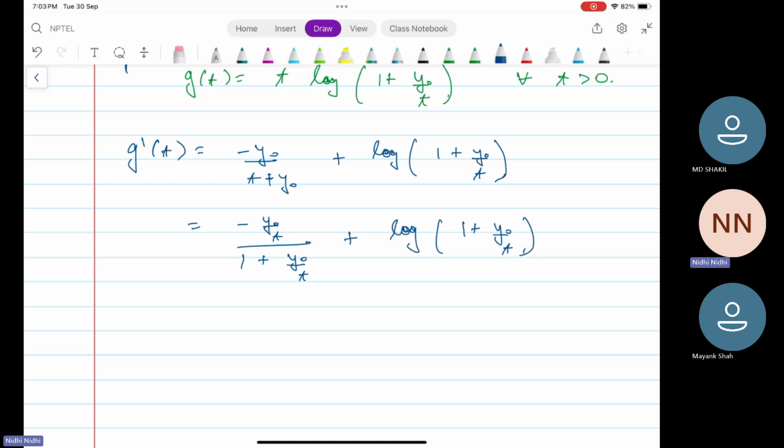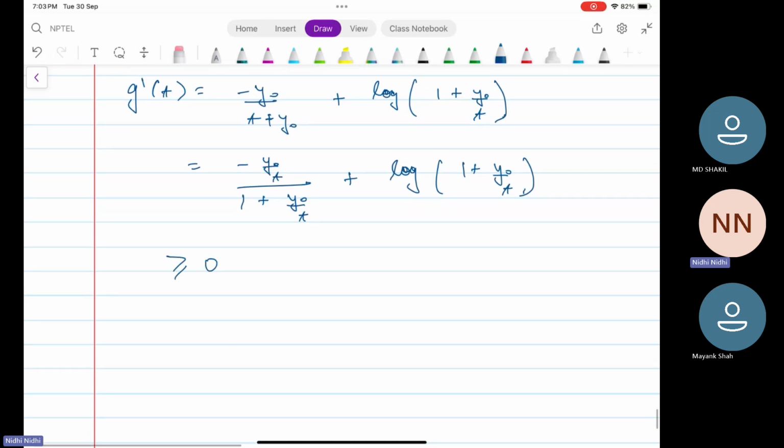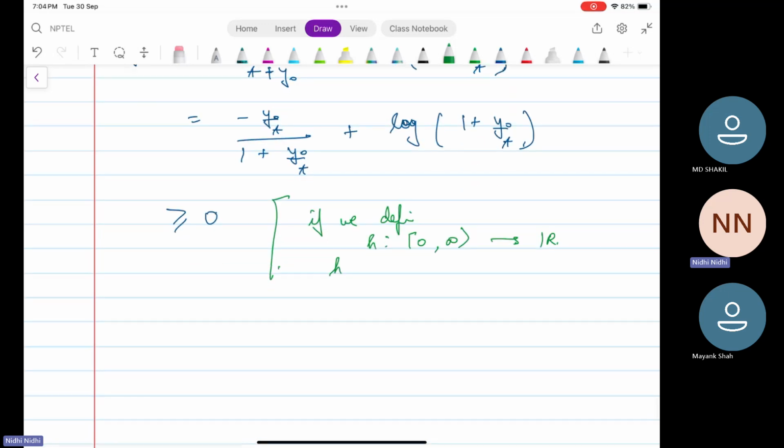Now I'm saying that this will always be positive, because if I define another function h from (0, infinity) to R, such that h(x) is equal to log(1 + x) minus x upon (1 + x), you can see that we get a similar form here for x equal to y naught upon t.